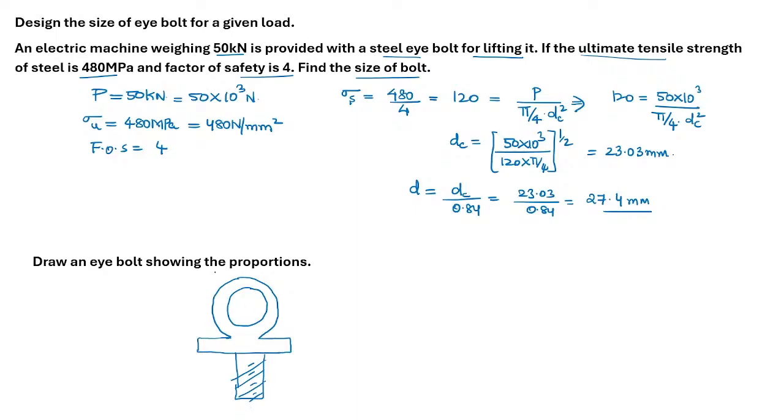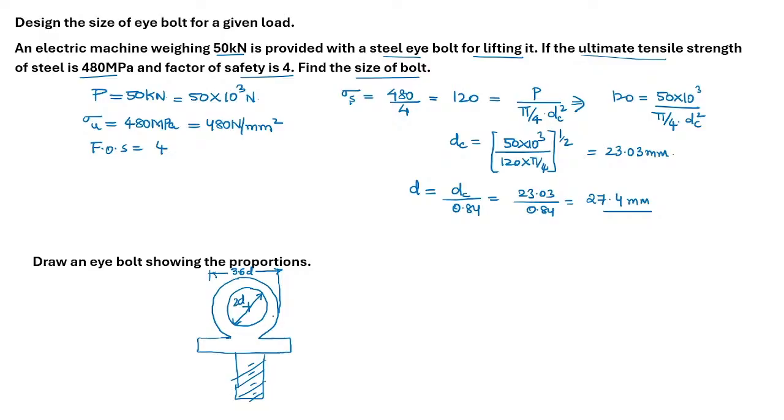Now the proportions are: the size of the outer circle is 3.6 times of D. These dimensions are usually difficult to remember, and when you use the data book, all this information will be provided, as this has been incorporated according to the Indian standards, or any of the organizations will be taking care of these standards.